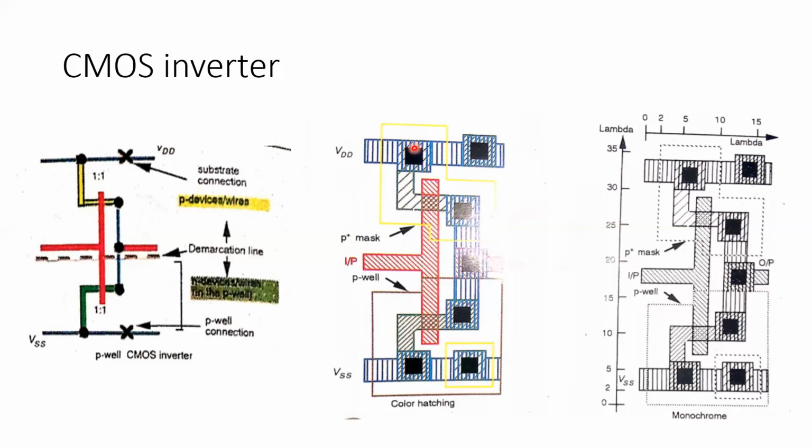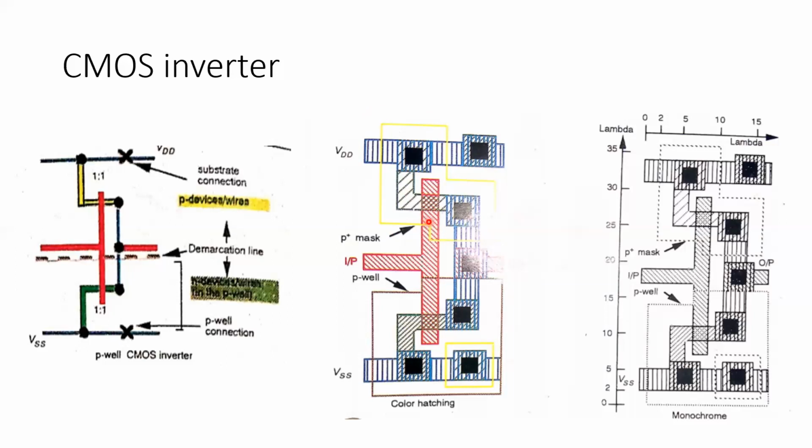And for PMOS transistor, which is on top, which is a pull-up transistor, we require N diffusion, and the polysilicon is crossing the N diffusion here, and this yellow color boundary represents our P plus mask. This P plus mask is used in order to allow the P diffusion process to undergo whenever we do the fabrication.